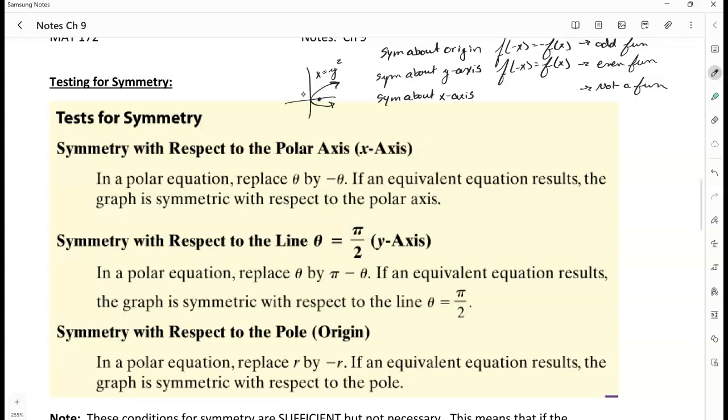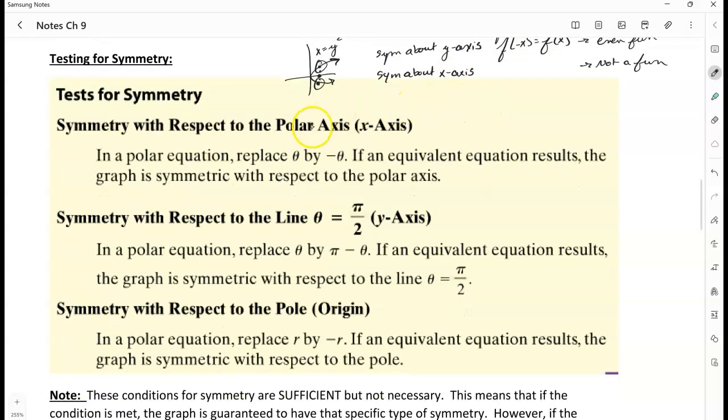And that means for every x value that you plug in, you're going to get two y values, and they're going to be the same y values. So we have three different types of symmetry in rectangular.